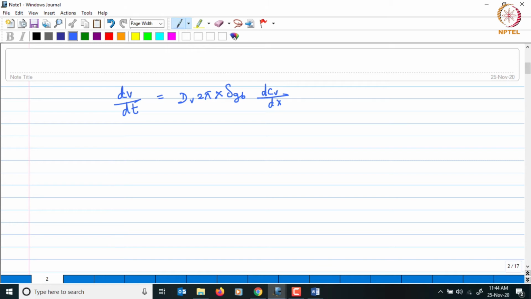Now if we assume that the vacancy concentration between the neck surface and the center of the neck is constant, then dC_V by dx will be given as delta C_V by x, wherein delta C_V is the difference in vacancy concentration between the neck surface and the center of the neck.